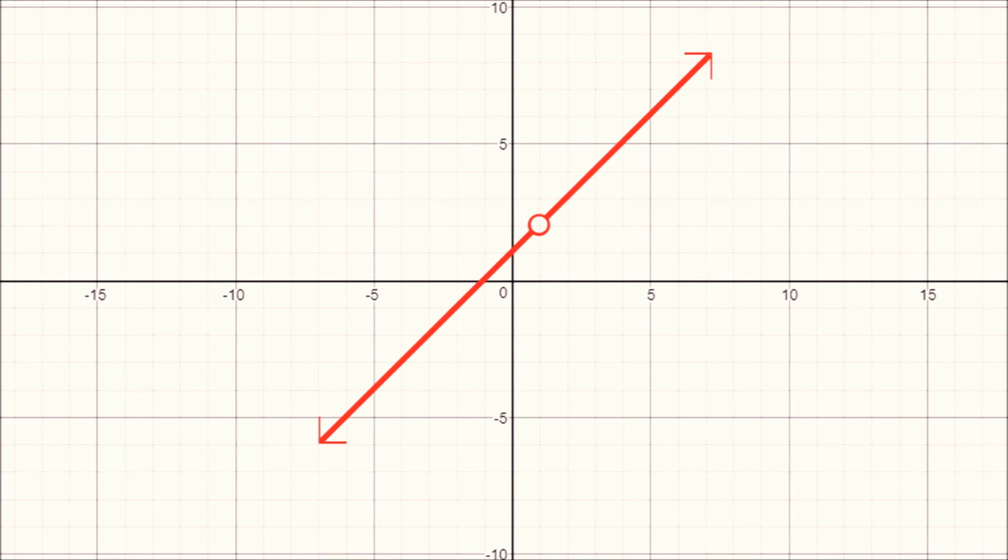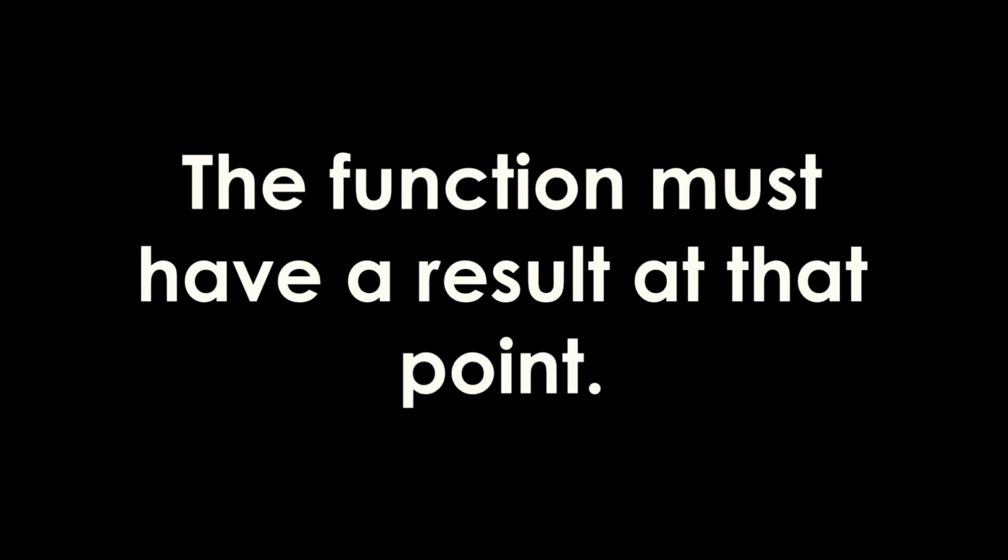However, we have a hole where x equals 1. We could thus say that this function is discontinuous at x equals 1 and continuous elsewhere. So the first criterion for a function to be continuous at a point is thus that the function must have a result at that point.